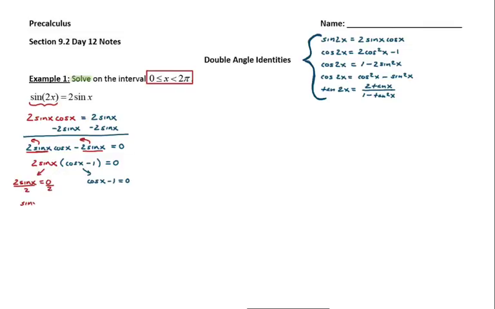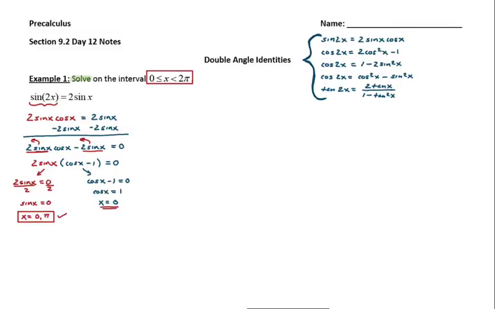So again, I'm going to divide both sides by 2 on the left here, so I get sine of x equals 0, and the 2 angles, or x values, where sine is 0 are 0 and pi. Those come directly from the unit circle, and they are exact angles because we had an exact value for sine. And then for the other term, cosine of x minus 1, add 1 to both sides.